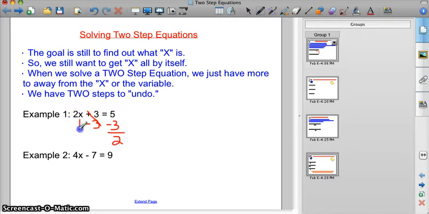We bring down our 2x because we have not used it yet. Now we have 2x equals 2. We still have not gotten x alone, so we have to now undo the multiplication between 2 times x.